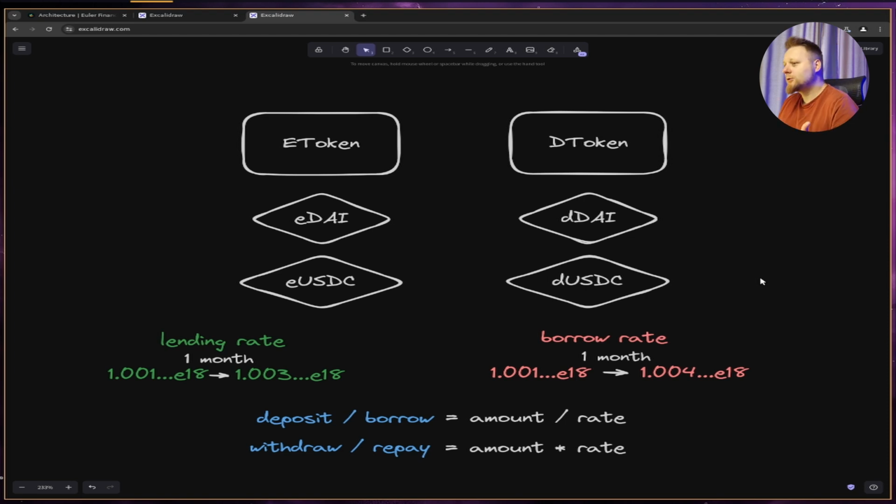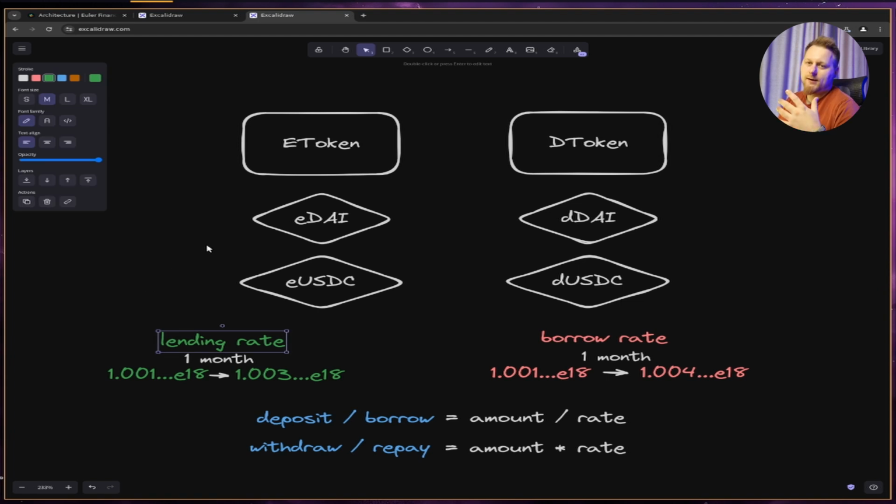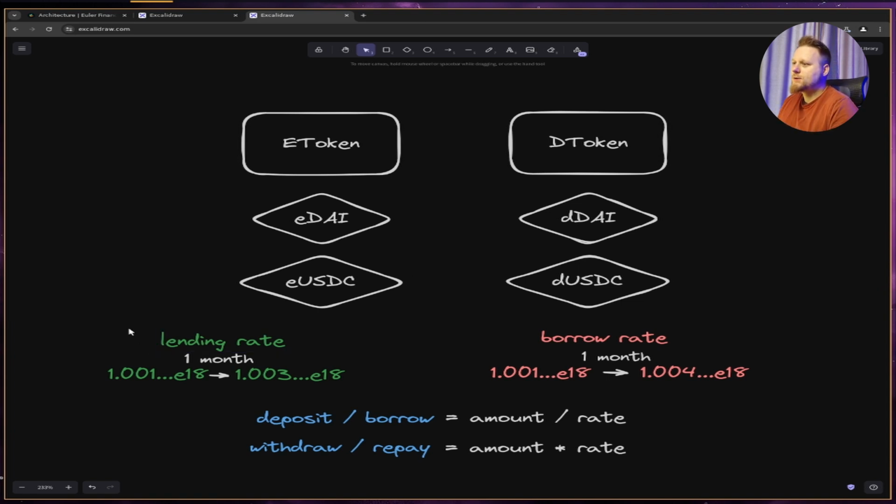And now, an important thing to add is that both the E token and the D token had their rate. Same as with, for example, Compound cTokens, you had a balance of the token and a balance of the underlying token, and the balance of the underlying token was calculated using either the lending rate or the borrow rate. I think all the protocols are actually using that.